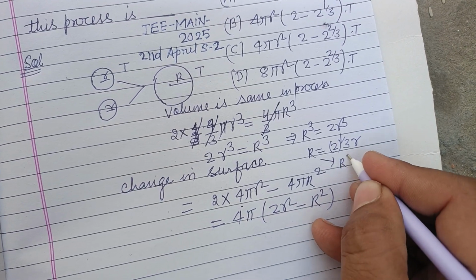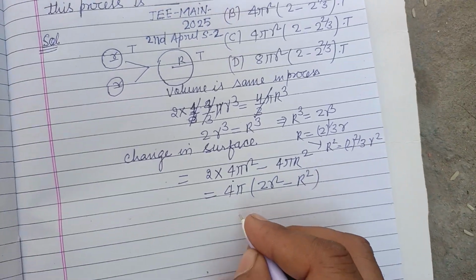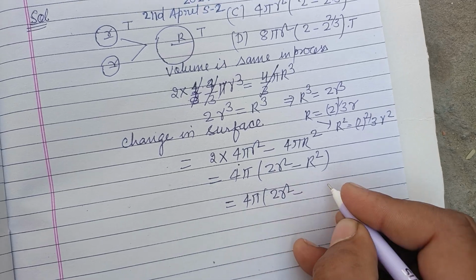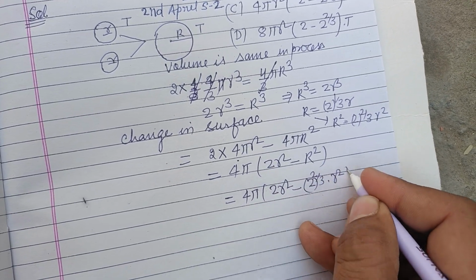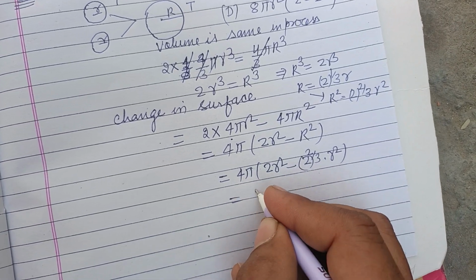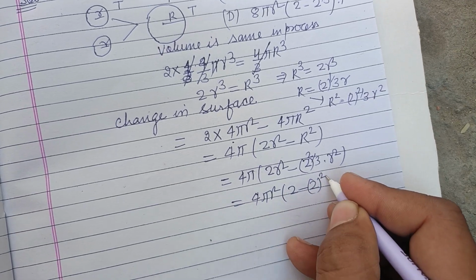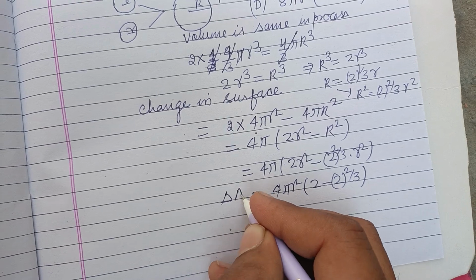From here R square is 2 to the power 2 by 3 r square. Putting this value, 4 pi [2 r square minus 2 to the power 2 by 3 into r square]. Here r square is common, so 4 pi r square [2 minus 2 to the power 2 by 3]. So this is the change in surface area.